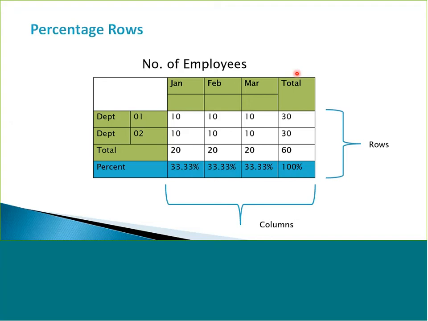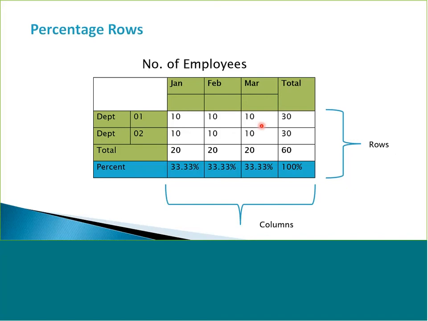So now let's try to make sense out of this report. So we have periods at the top in our column set, and we have departments here, okay? So department 1 had these figures for January, February, and March. You can assume maybe this is a quarterly kind of report.